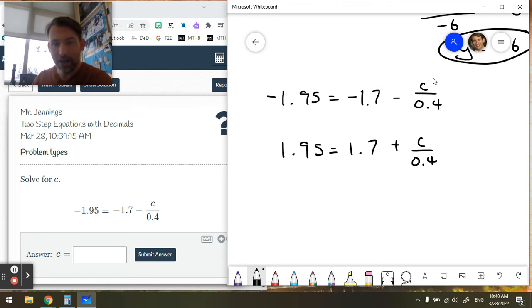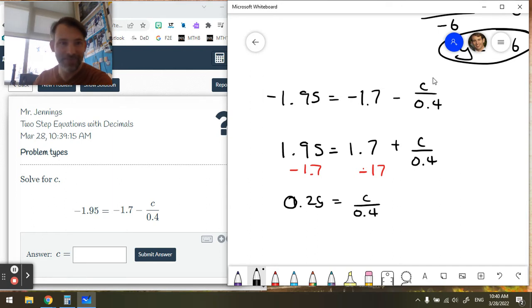All right. Now, I am annoyed that I'm adding 1.7 on this side, so I'm going to subtract 1.7 from both sides. Okay, so now I will get 0.25 is equal to c over 0.4.